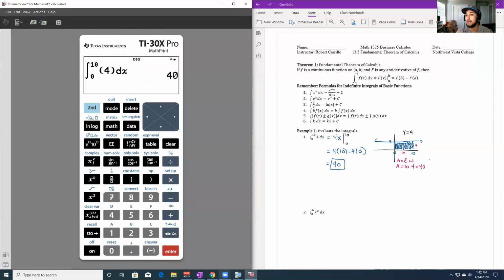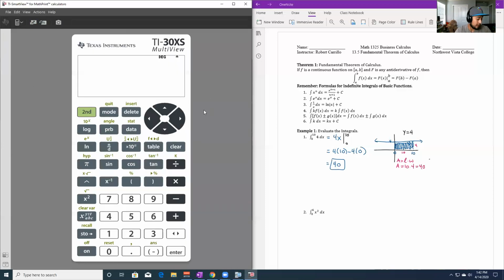Which means let me go back to the other calculator. So let's say you didn't have all of this. Let's say you had just a regular blue calculator that I love, this one. This one doesn't have that integral button. So what you're going to have to do is go to your table button, type in the antiderivative, hit enter, skip, make sure ask x is on, then go to OK.